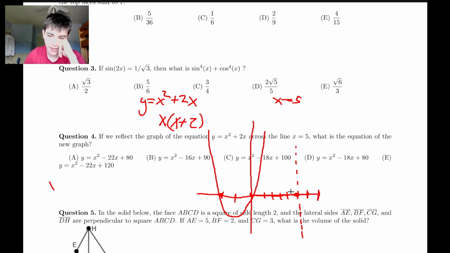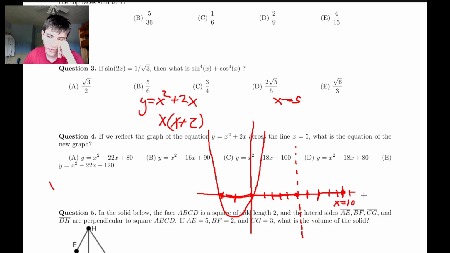So the distance from 0 to 5 is 5, but we want to go the other way. So instead of subtracting 5 from 5, we'd be adding 5 to it. So then we would get a root right here at x equals 10. And then same logic over here. This is 7 away.